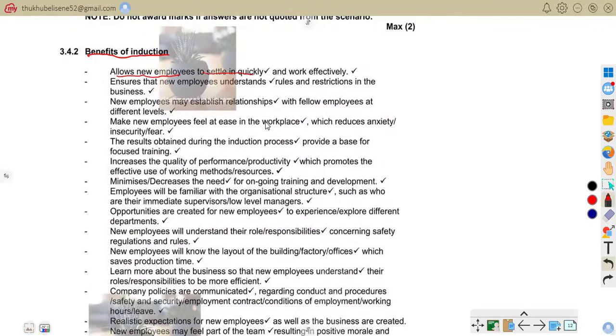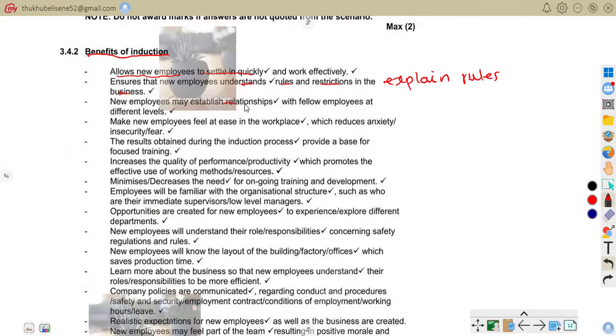So here we're talking about settling new employees. The orientation program settles new employees. Ensure that new employees understand rules and restrictions in the business. Here we're talking about explaining rules. You can explain rules by talking of safety briefing. That is okay.